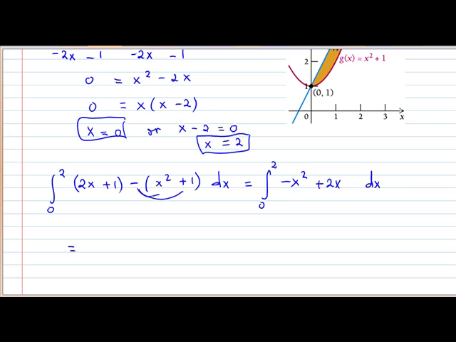Now we get minus x cubed over 3 plus 2x squared over 2, and before we do anything, I see that we can cancel out the 2, so why not do that?